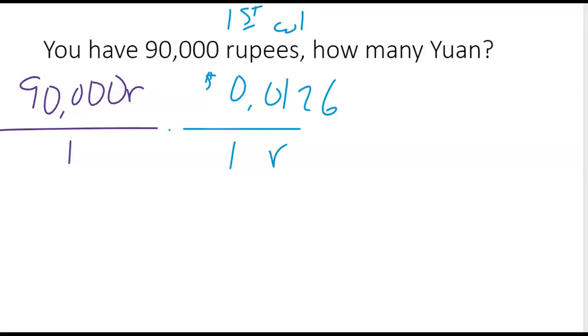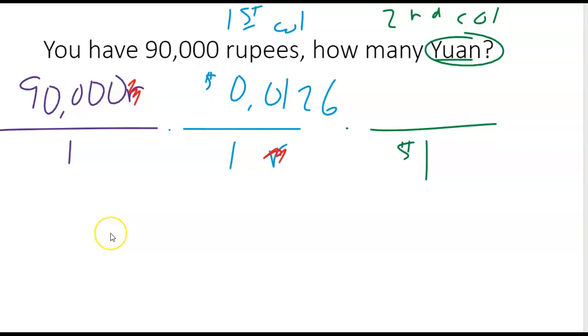Now that allows us to get out of Indian rupees, but now we're in US dollars, which is not helpful because we want to be in the Chinese yuan. So now we're going to use per US dollar. So now we're going to use the second column and compare the US dollar to the Chinese yuan, and that means we have 6.6945.